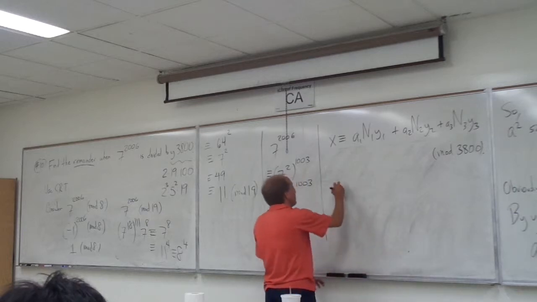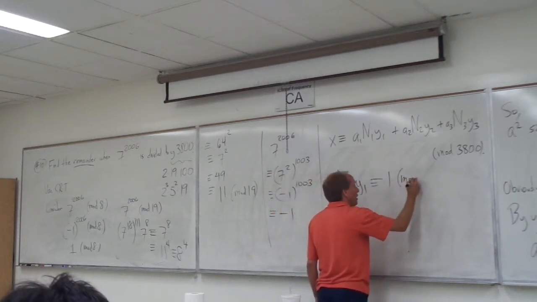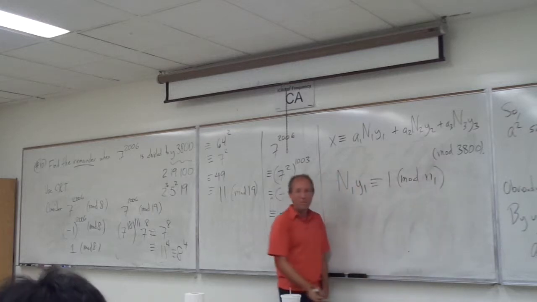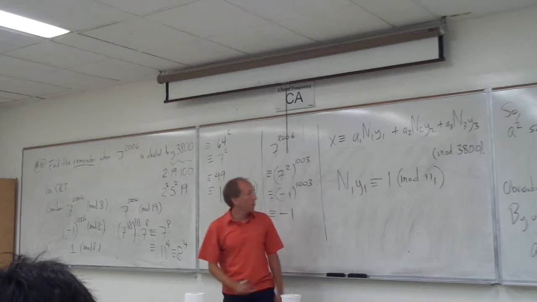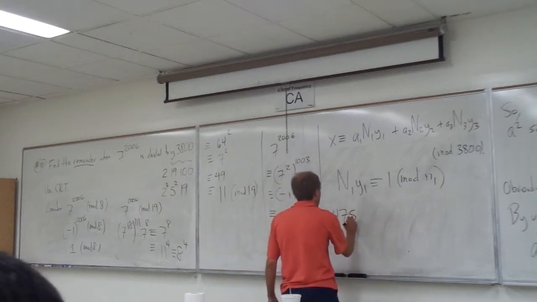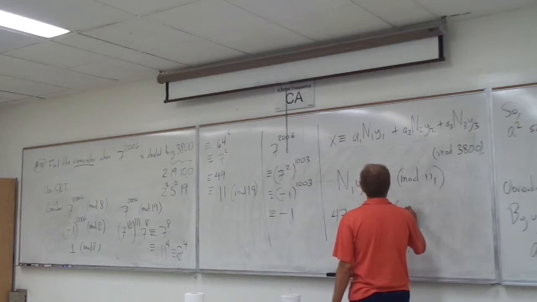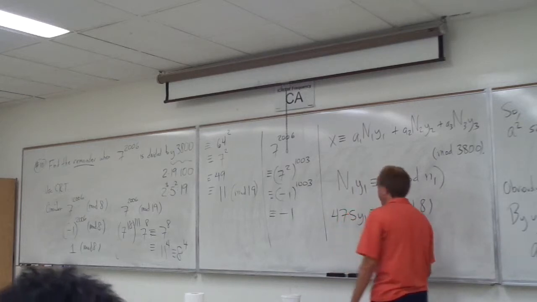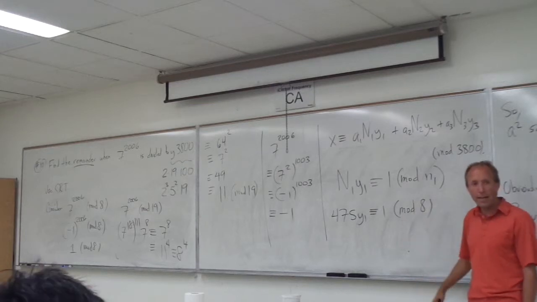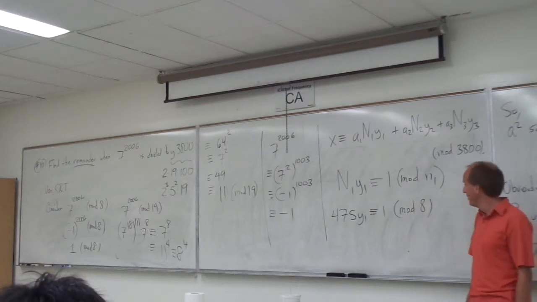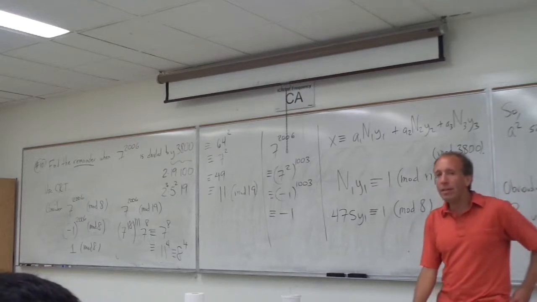So remember how that works. We have to do N1 Y1 congruent to 1 mod little n1. And we have all of these equations to write down. So, oh boy, 475 times Y1 congruent to 1 modulo 8. Okay, so what am I going to do to figure that out? Reduce 475. I have to divide 475 by 8.